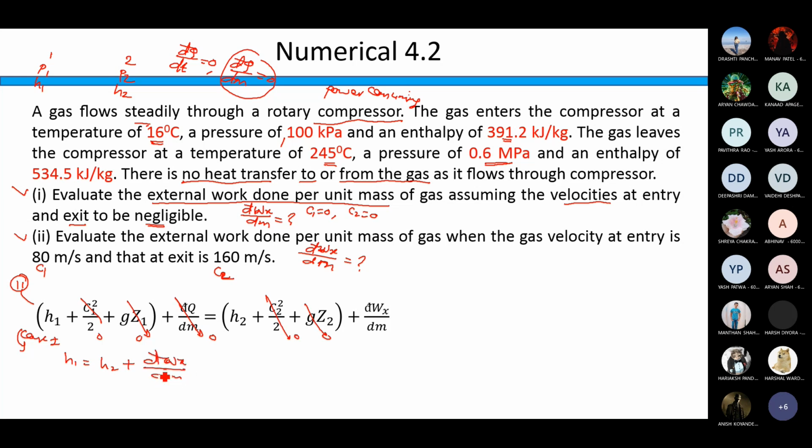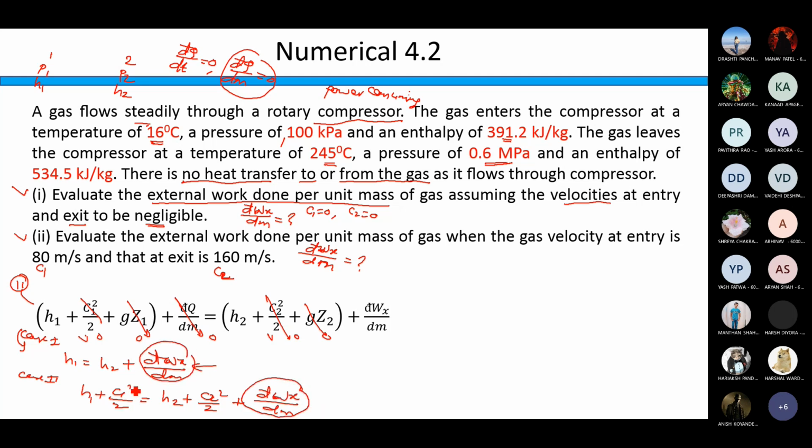And when you apply it for case 2, you have to add these two terms. So you will write the expression like this: H1 plus C1 square by 2 must be equal to H2 plus C2 square by 2 plus d bar wx by dm. So in both cases you have to find this.